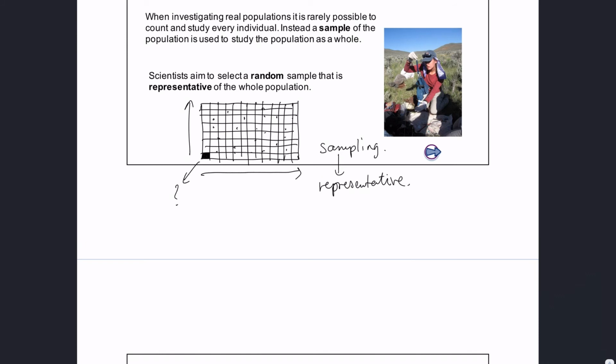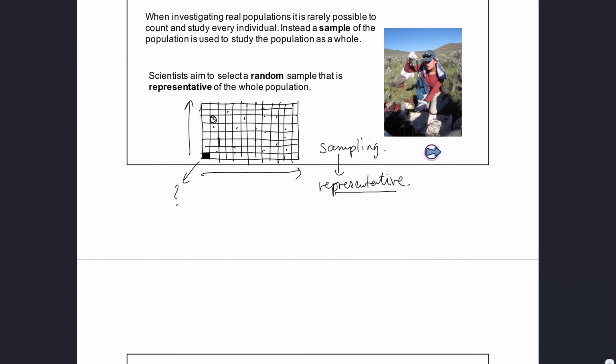However, if in that quadrat I didn't catch any of this particular species, I would then extrapolate that there were none of that species present in this area, which would be inaccurate. It would not be representative, so my conclusions would not reflect that particular area.